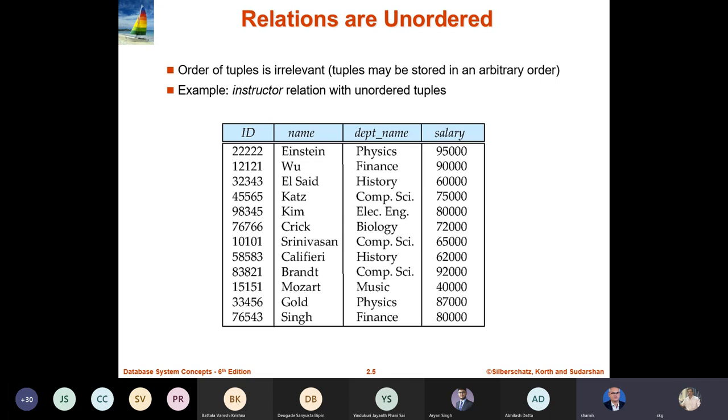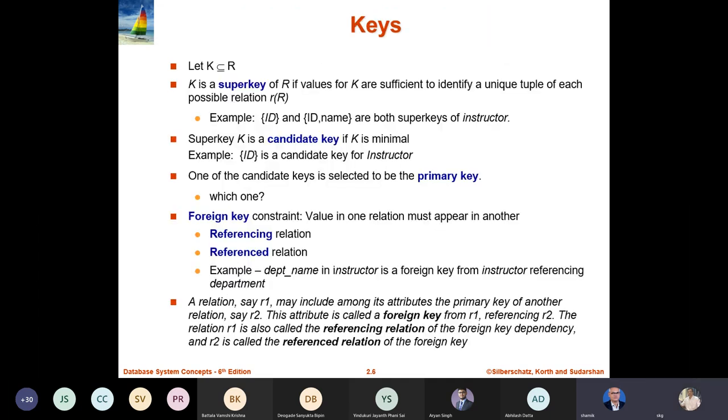That may be the primary key of a department table. This attribute is called a foreign key of R1, referencing R2.